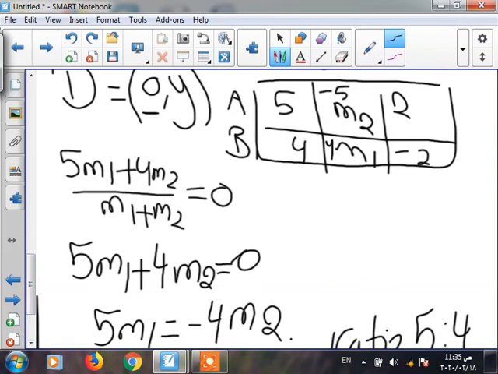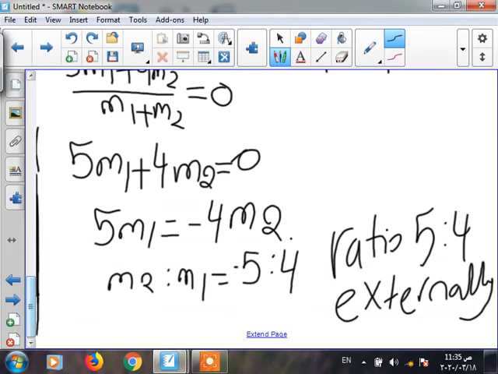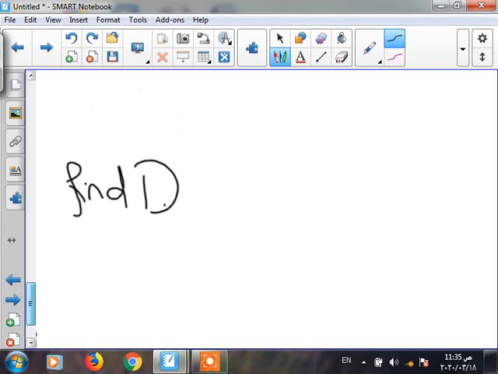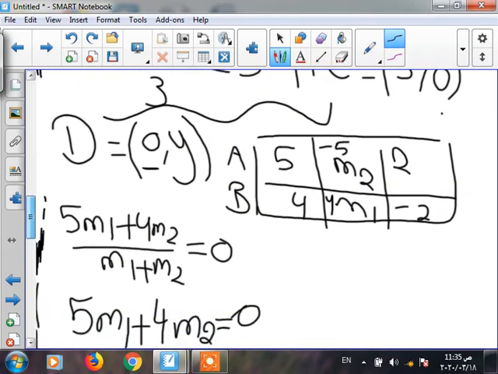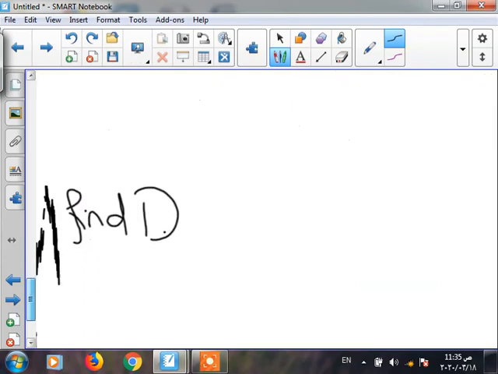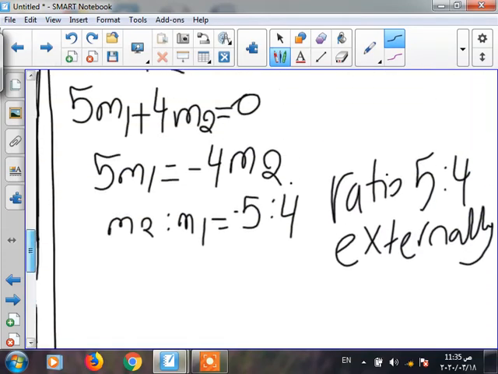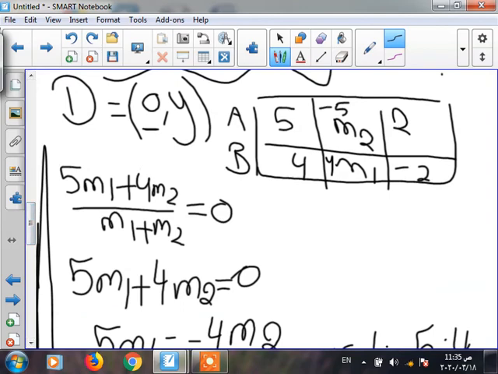Now can I find the y value? Yes. To find D, we wanted to find the y value because the x value is going to be 0. 2 times 4 equals 8, and negative 2 times negative 5 will be 10.